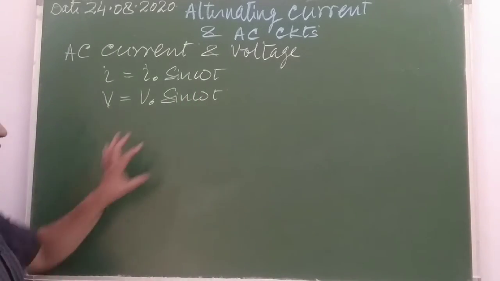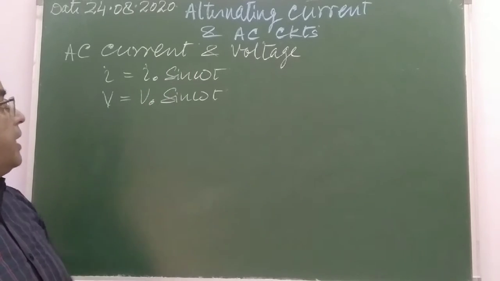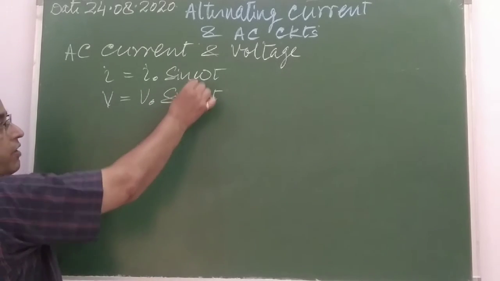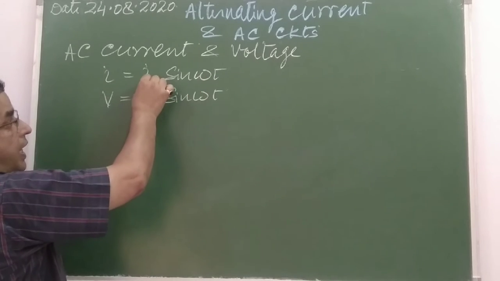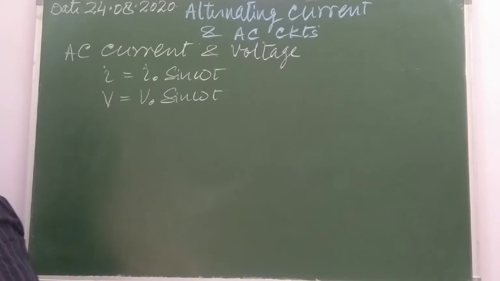They are periodic functions. Omega is angular frequency, t is time, I0 is the peak value of current, and V0 is the peak value of voltage.